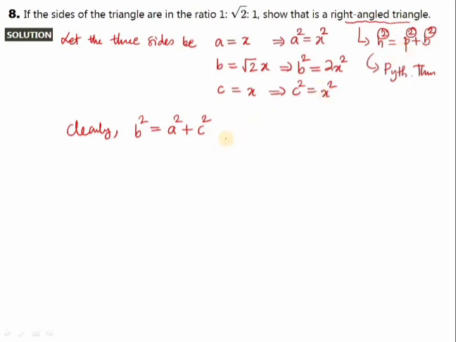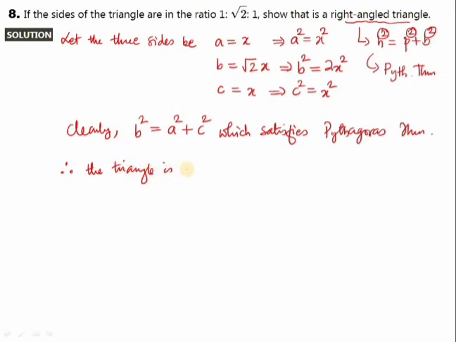So that's why we write which satisfies Pythagoras theorem. Therefore the triangle is a right angled triangle. That's what we are expected to show in this particular problem, right?